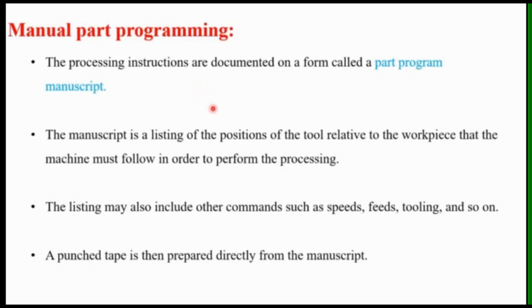Then the manuscript form for 2-axis point-to-point operations and for 3-axis contouring machines would be different. That means for 2-axis and for 3-axis, the manuscript should be different.